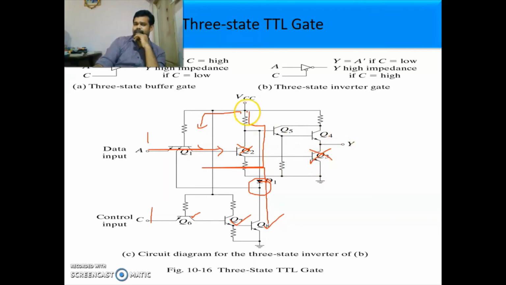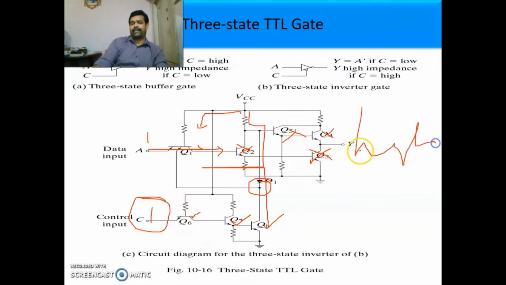Similarly, Q5 and Q4 are also off because the current flowing through Q5 is unable to make Q5 on. In turn, Q4 is off. So when C is 1, the output is in high impedance state. That is, both the transistors are off. So that is high impedance state. So this is the tri-state gate.